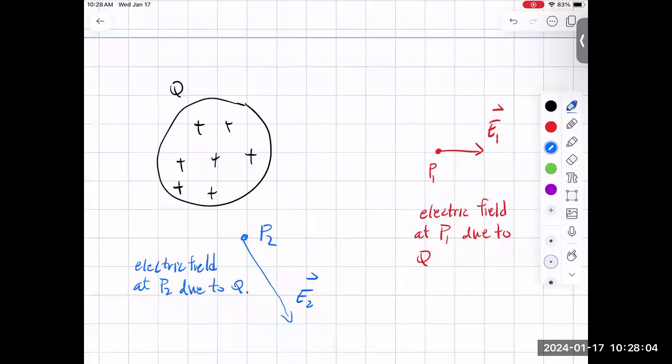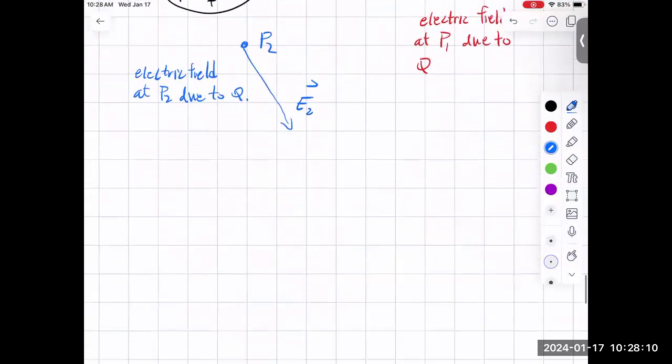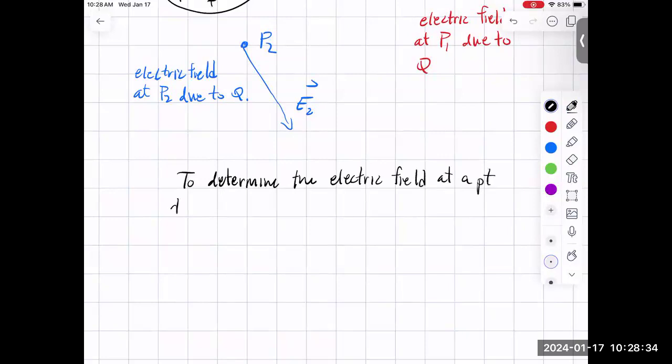All right, so the idea that we're going to follow in order to make this a more quantitative discussion is to determine the electric field at a point due to Q. What we're going to do is place a small test charge.